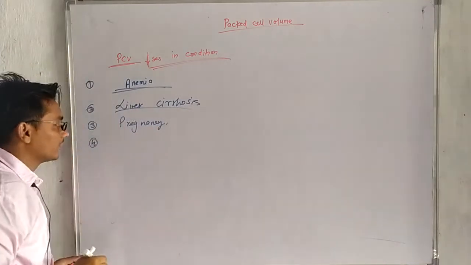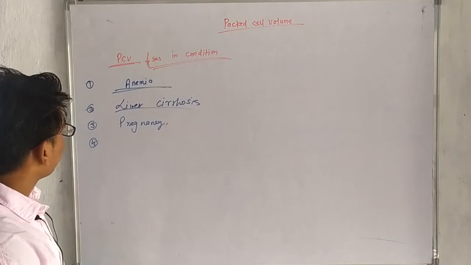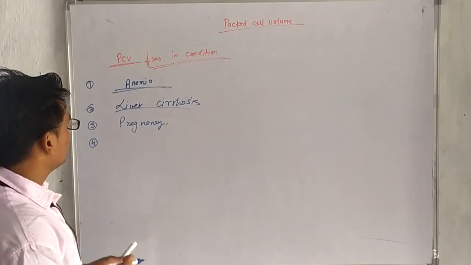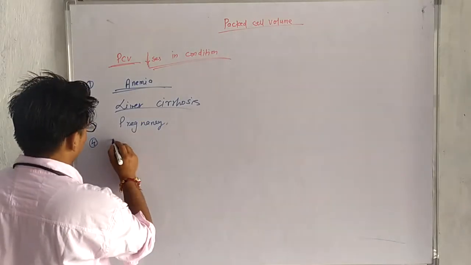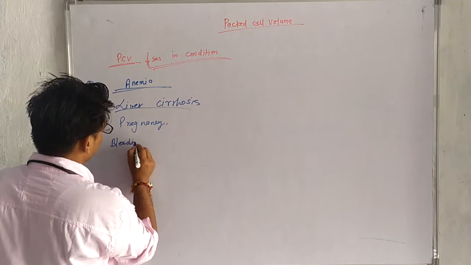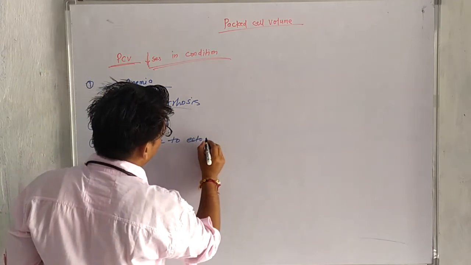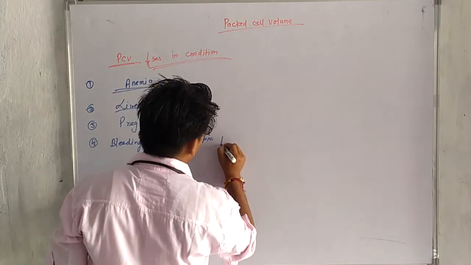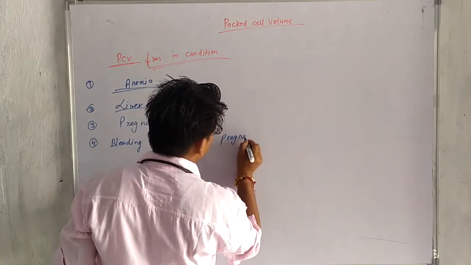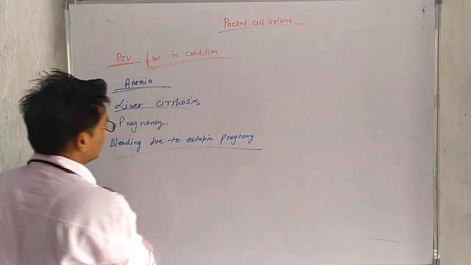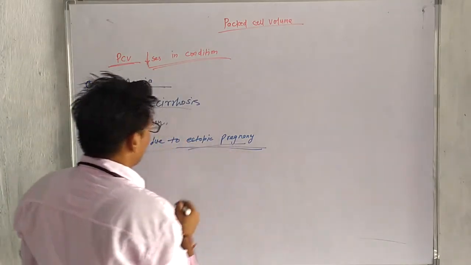Fourth condition, bleeding due to ectopic pregnancy. What is ectopic pregnancy?